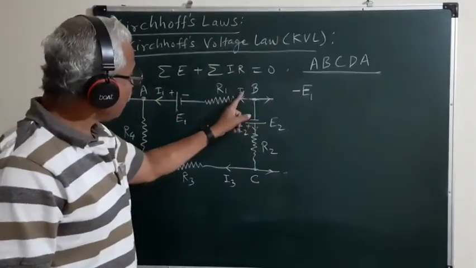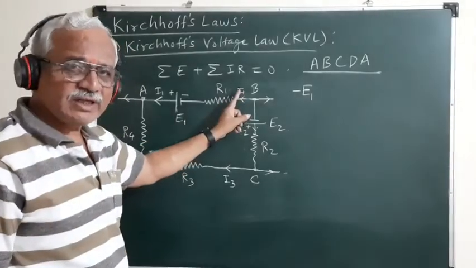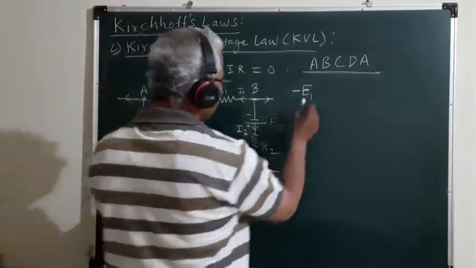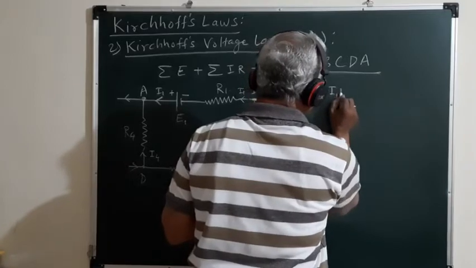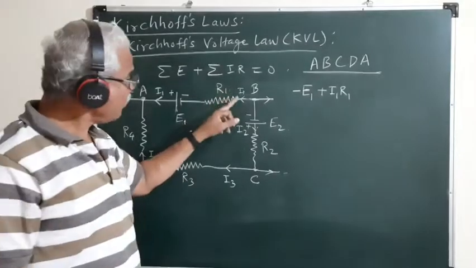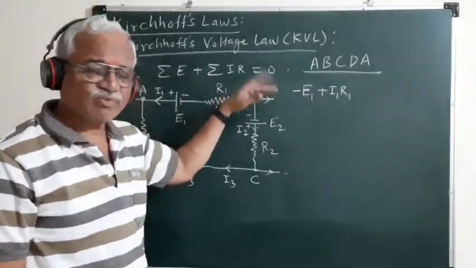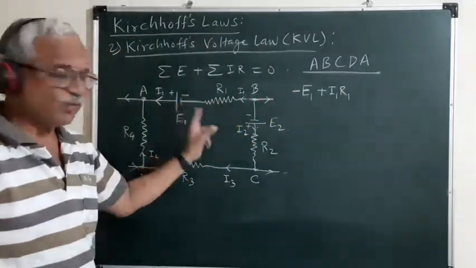Then we have the resistance R1 through which the current I1 is flowing. The current flowing through this branch is in the direction opposite to the direction of traverse of the loop, so this product I1 R1 must be treated positive.